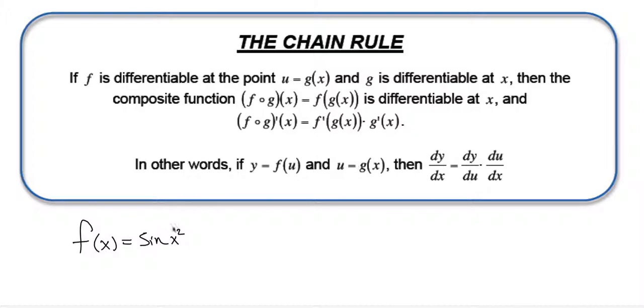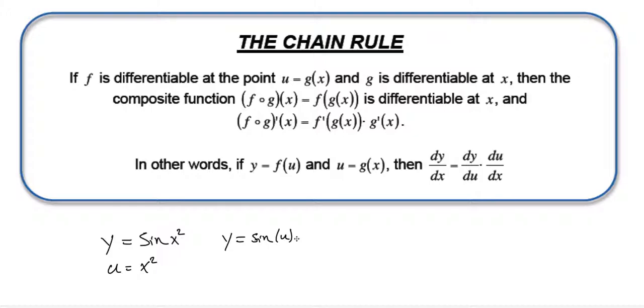So let's use this simple example right here where we have f of x is equal to the sine of x squared. And really this is the same thing as saying that y equals the sine of x squared. So let's just say, for example, that we let u equal x squared. So really what we have now is y is equal to the sine of u.